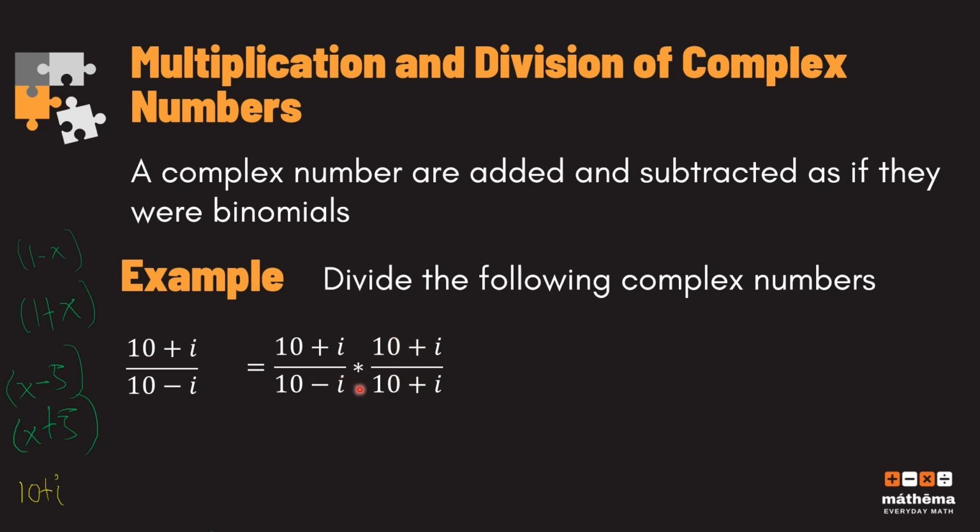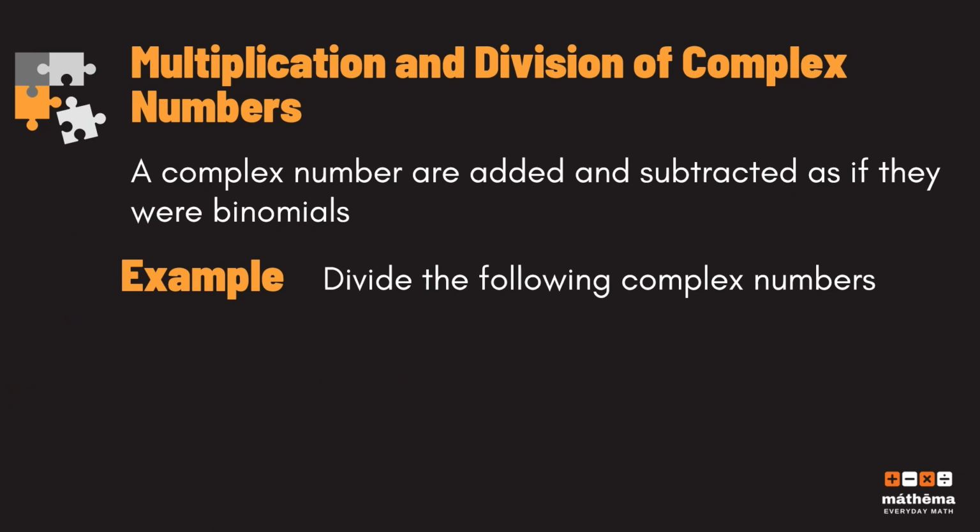So we are not changing the entire expression, because any number or variable multiplied by 1 is the number itself or the variable itself. Now, the same with what we did earlier, we are going to simplify.